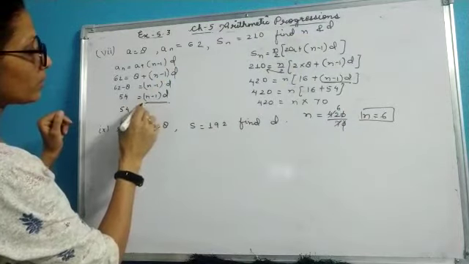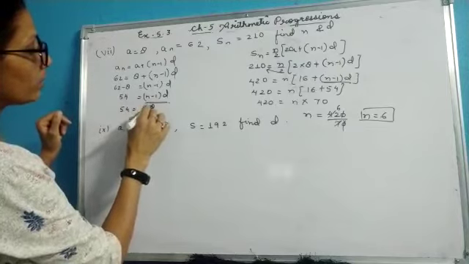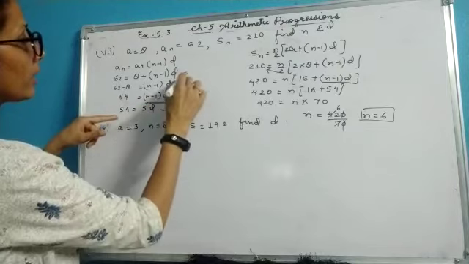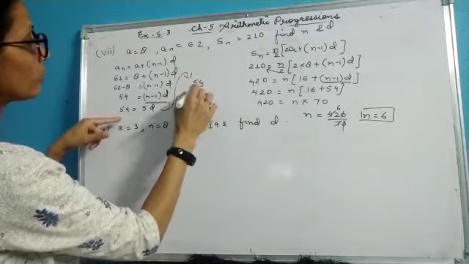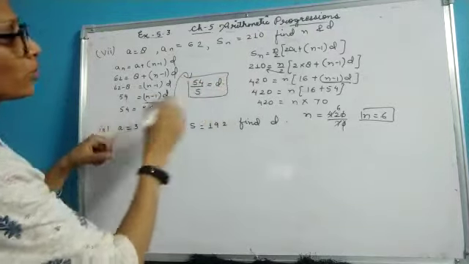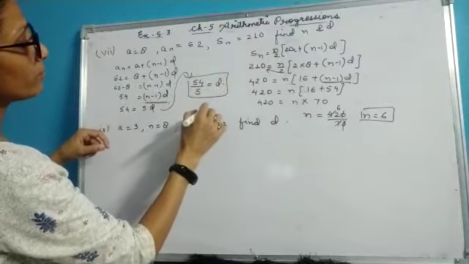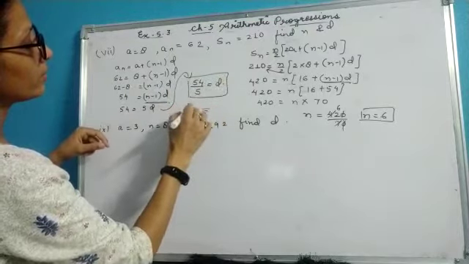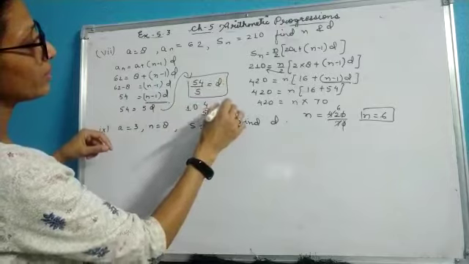So 6 minus 1 is 5 into D. Or simply I can write it as 54 by 5 equal to D. So this is my D.